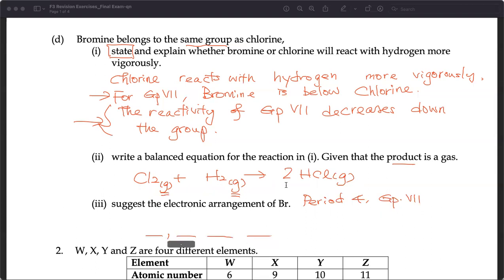For 4 electron shells, the first 2 must be 2, 8, and the last must be 7, just because it is group 7, so 7 in the outermost shell. Altogether there are 35 electrons; minus 2 in the first shell, 8 in the second shell, and 7 in the outermost shell, there should be 18 electrons left. So this is the 18 electrons here. This is question 1.